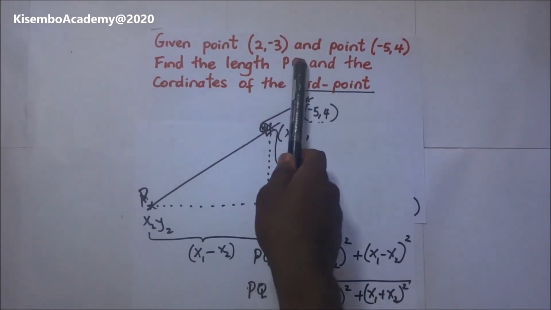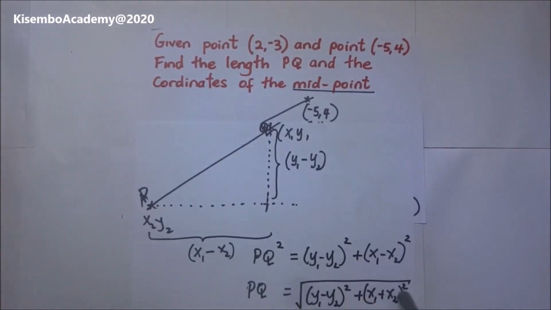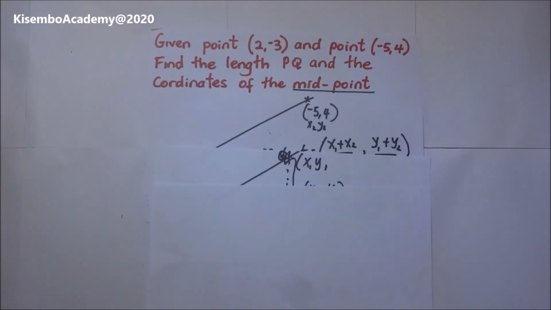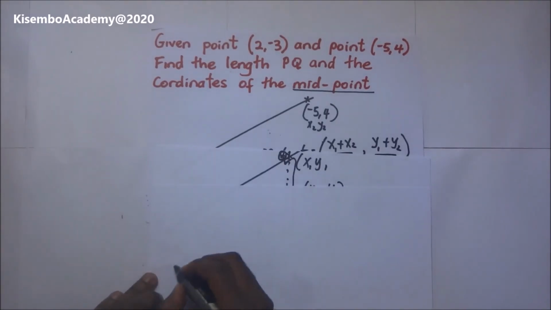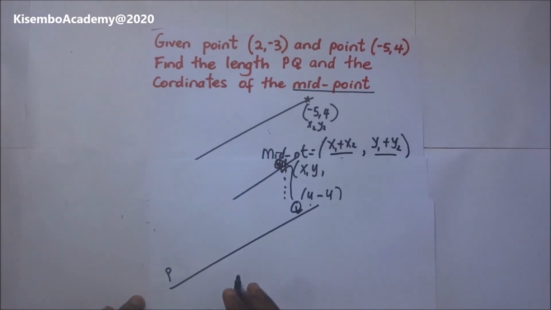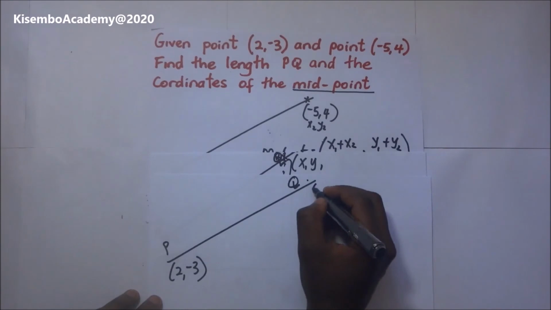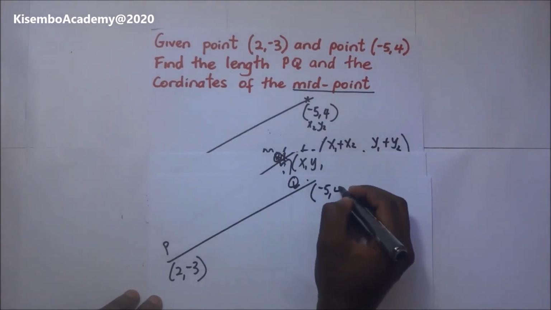So in this particular question, we have the 2 points, and it's just a matter of substituting them in here, and we get our distance PQ. And this is how we'll go about it. This is point P, this is point Q. We have our point P here as (2, -3). We have our point Q here as (-5, 4).